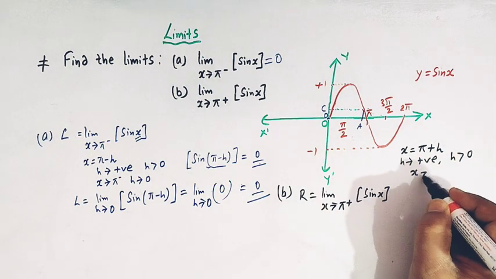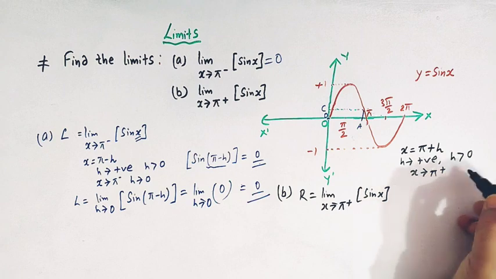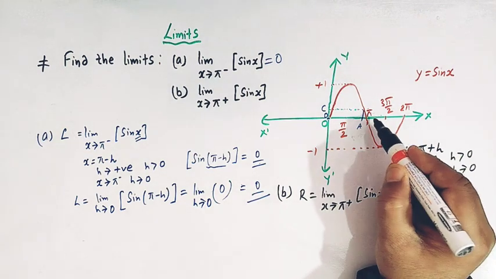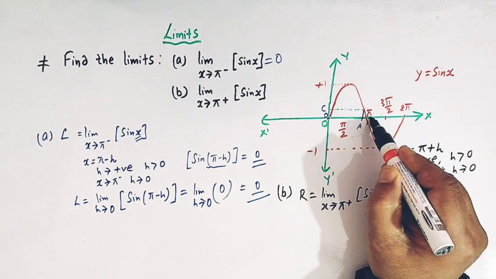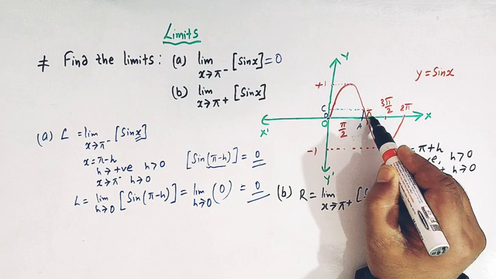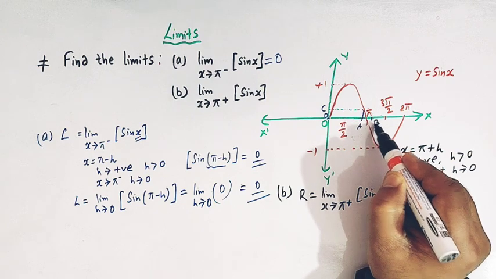So when x tends to pi plus, h tends to 0, right? Now we'll take a point in the right neighborhood of x equal to pi, and let us take this point as b, right?